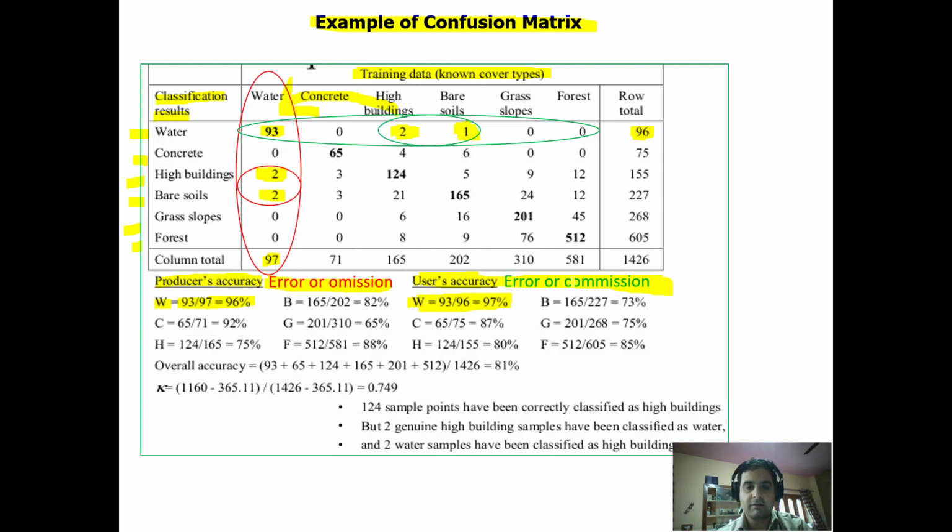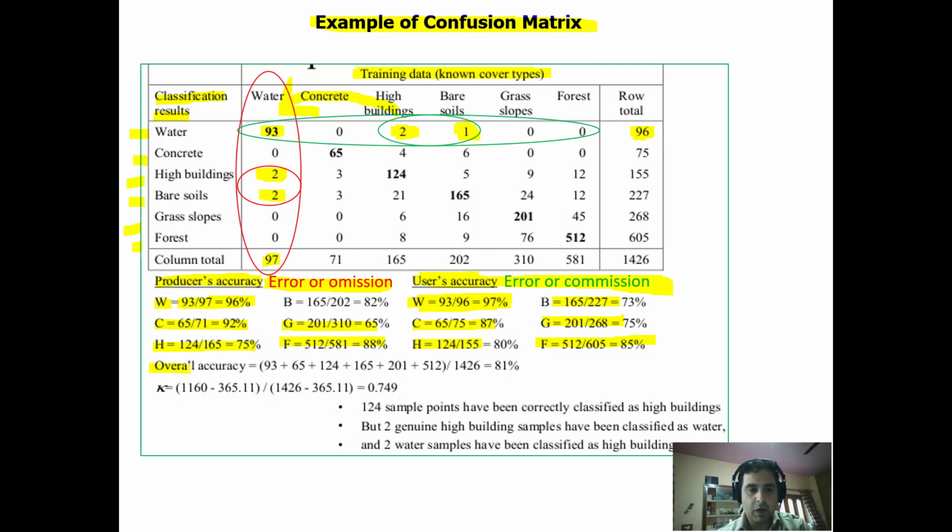So this is known as error of commission. This is the way producer's accuracy for different classes has been achieved, and this is the user's accuracy for all other classes, which may be grass, slopes, or F is forest, H is high buildings.